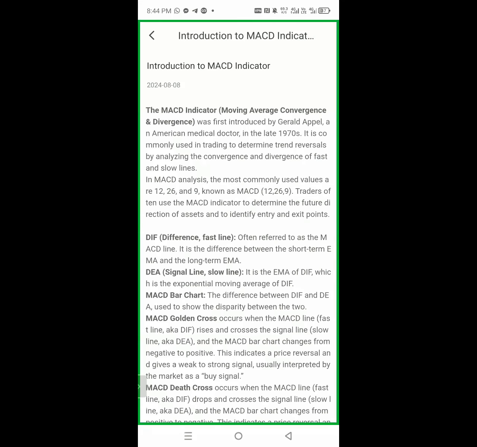What are the conditions for MACD to start a trade? That is the importance of why traders are advised to use MACD indicators to determine the future direction of assets.